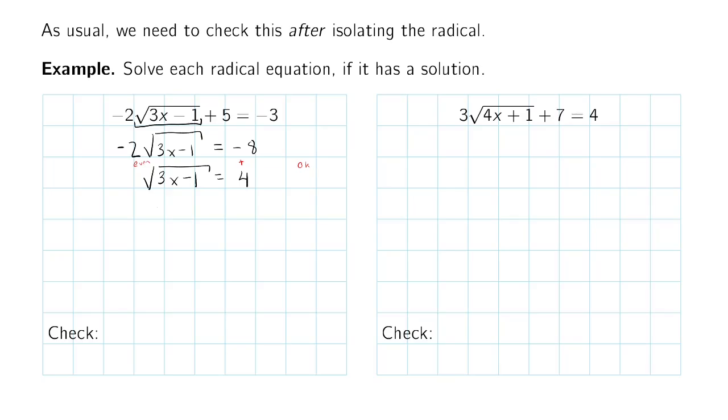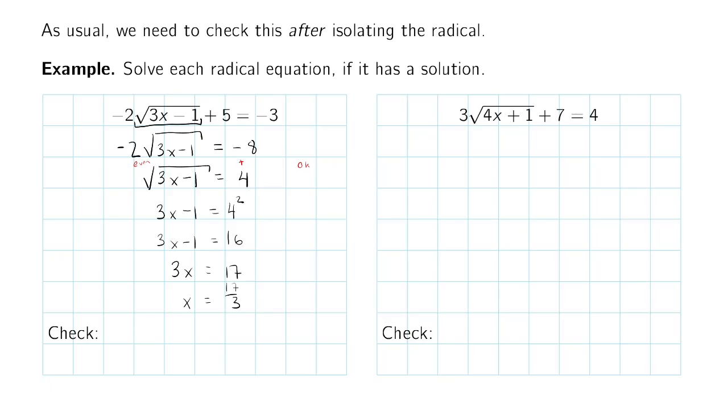We can rewrite this as 3x minus 1 is 4 to the second power. In other words, 3x minus 1 is 16. Okay, now we just need to solve for x, right? Add 1 to both sides. 3x is 17. Divide both sides by 3. X is 17 thirds.